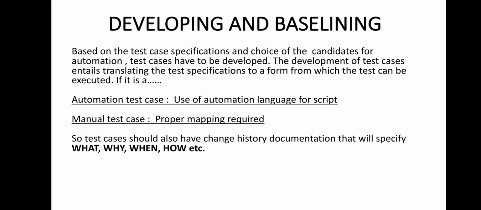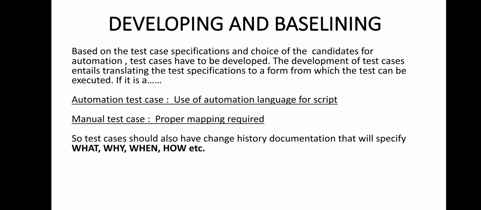So these all things come under developing and baselining the test cases, because test cases are also main things, and those should also have change history documentation. That's why we are talking about the points what, why, when and how.